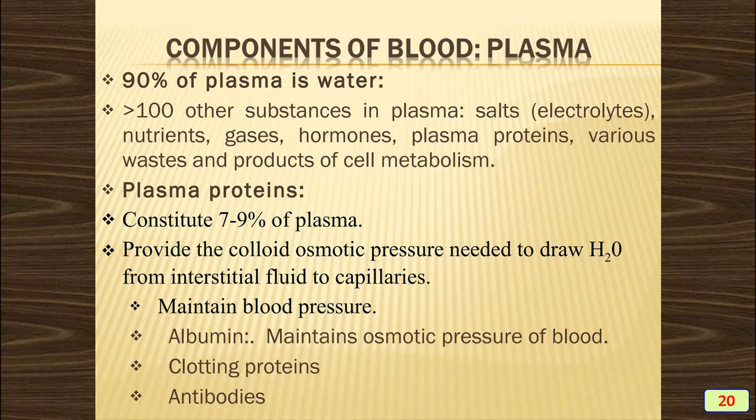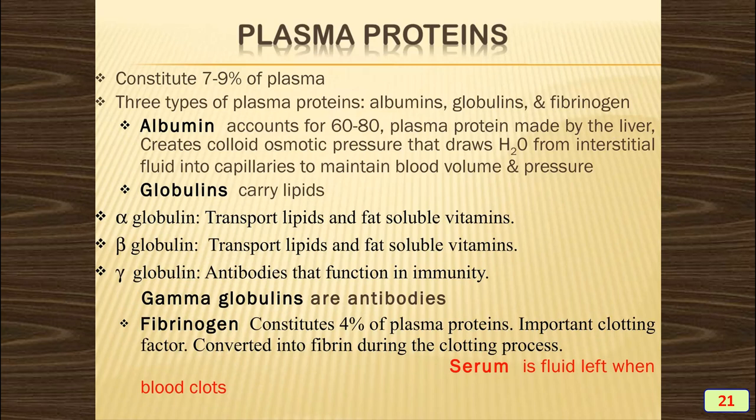Then various waste products of the cells, and plasma constituents, about 7 to 9% of the plasma is protein: albumin, globulins, etc. Then the clotting proteins are also required, and the antibodies are also part of the plasma proteins. Plasma proteins usually make up 7 to 9% of the plasma, and three types are there: albumin, globulin, and fibrinogen.